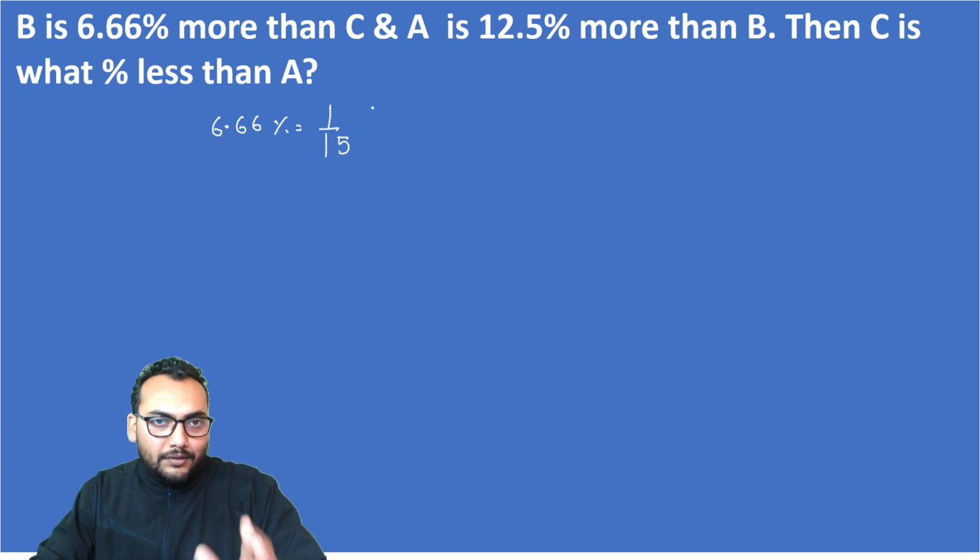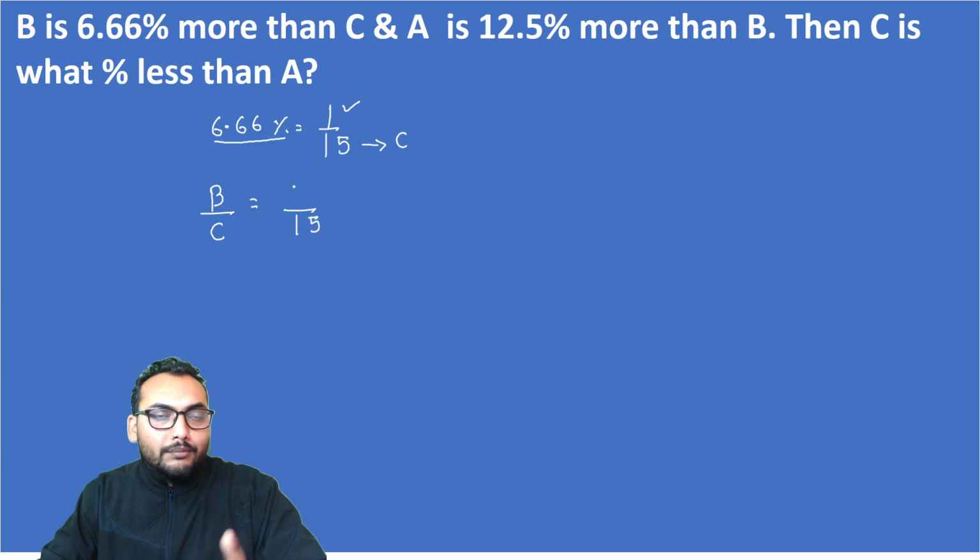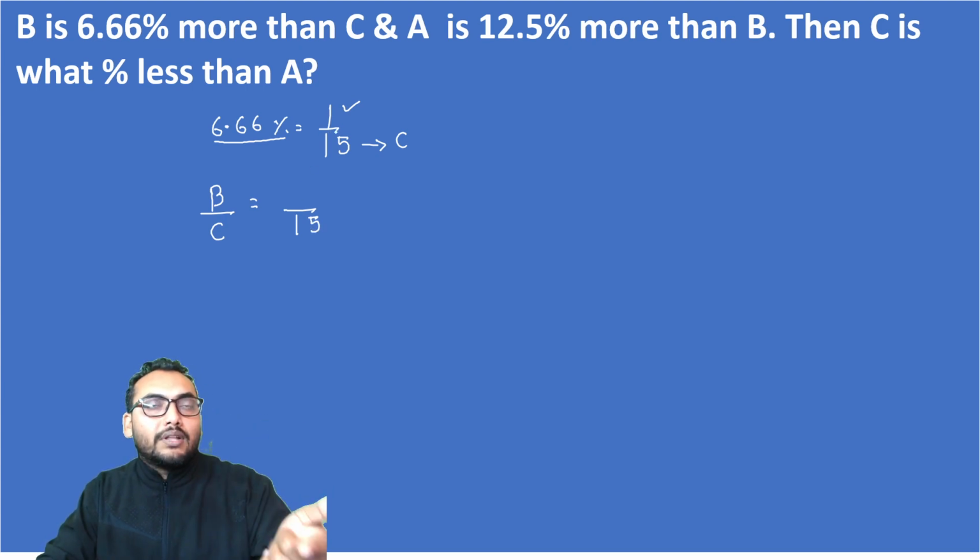So if this is C, 6.66% of C, which is 15, will be 1. That means if I'm talking about B, if C is 15, B will be 1 more than C, which is 15. So 15 plus 1 means it will be 16. If C is 15, B will be 16.